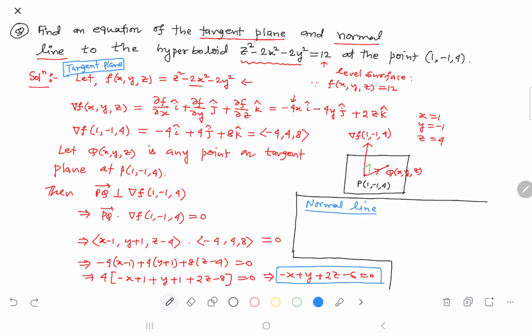When we are talking about a line, a line will have three forms, right? Vector equation, parametric equation, and symmetric equation.